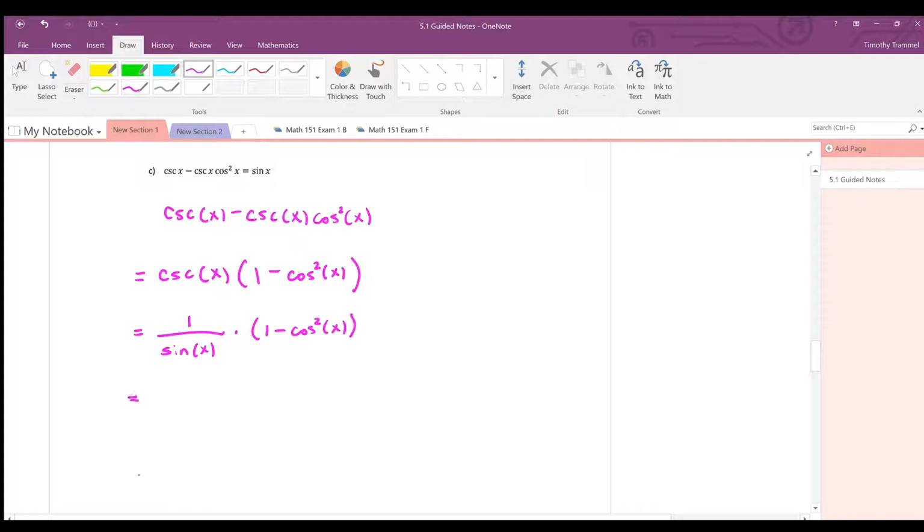And again, right now, this may not look like it's going to turn into sine of x, but let's just keep going. There's only one way to find out whether this will be what we need to get to sine of x, and that's to try it.